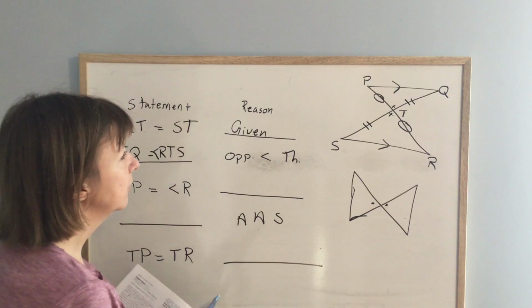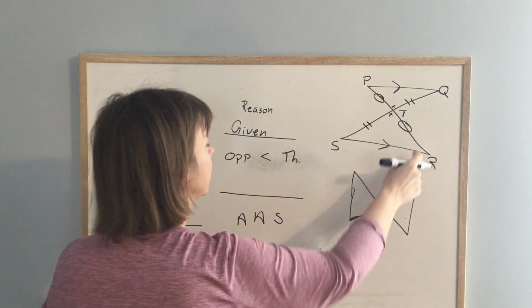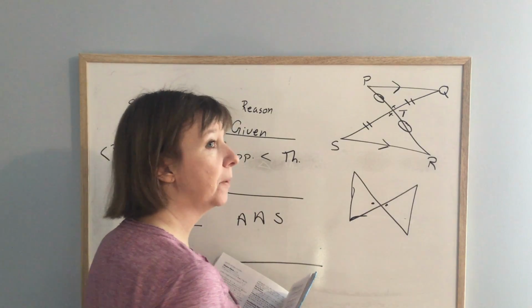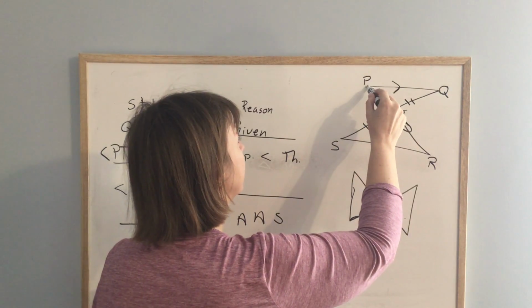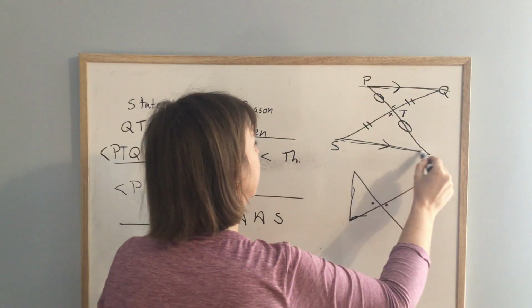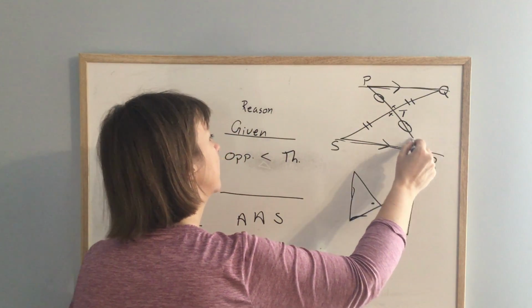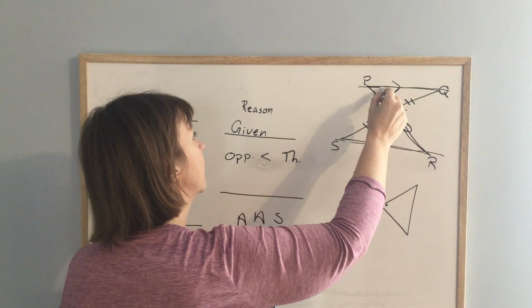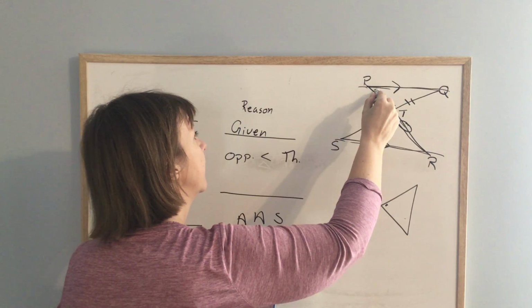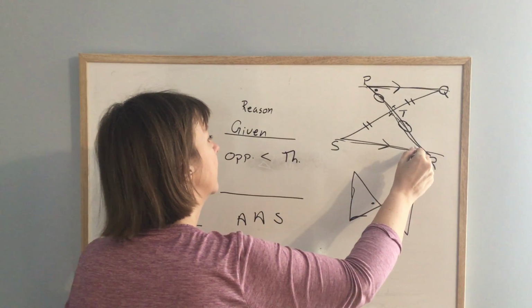Then they say angle P is equal to angle R. Well, this is that transversal parallel line thing, because they say these are parallel lines. So just imagine if those kept going. And these two are parallel lines. This is a transversal, a line going through it. So the Z rule says that alternate angles are equal.